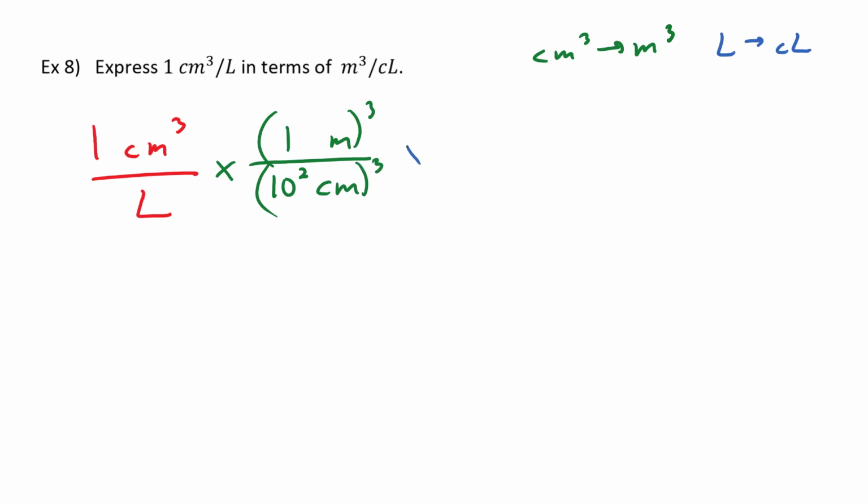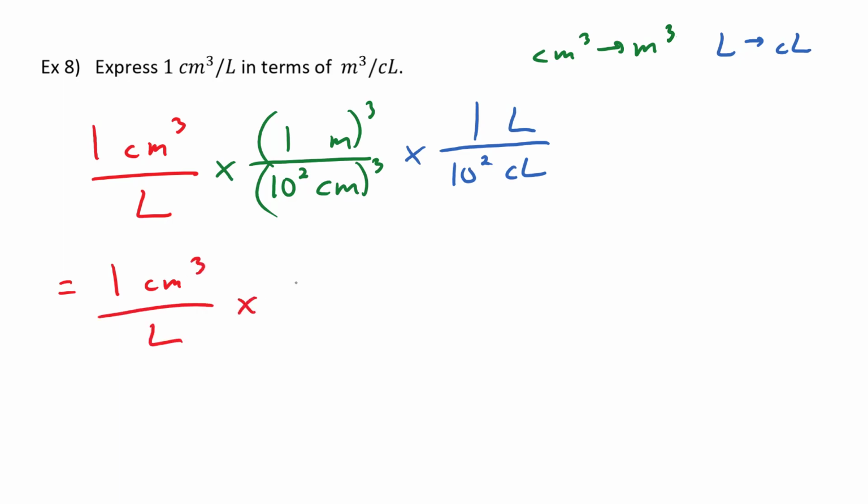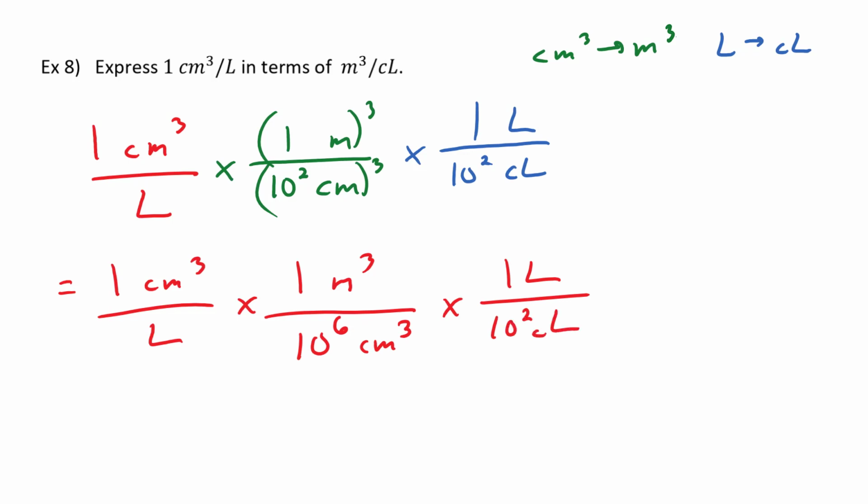Next up, I want to convert liters to centiliters. Liters is on the bottom, so I must put it on the top of the conversion factor. Centiliter goes on the bottom. 1 liter is 10 to the 2 centiliters. This gives me 1 centimeter cubed divided by liters multiplied by 1 meter cubed over 2 times 3 is 6 centimeters cubed multiplied by 1 liter over 10 to the 2 centiliters.